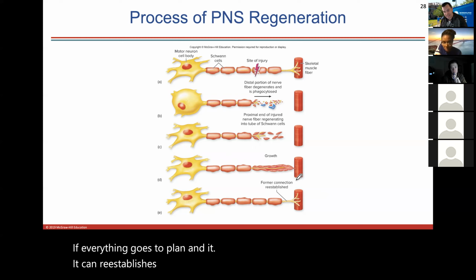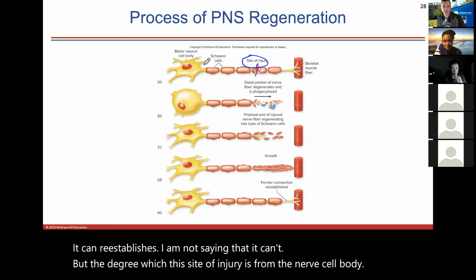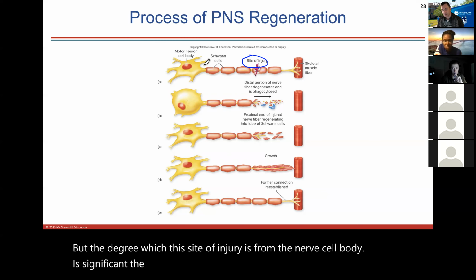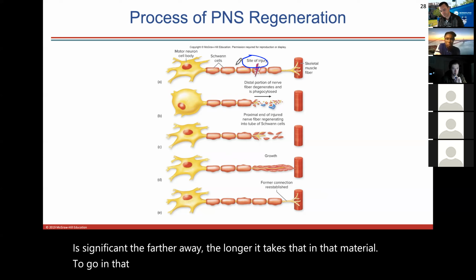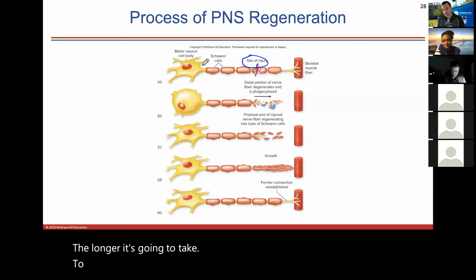I am not saying that it can't, but the degree to which this site of injury is from the nerve cell body is significant. The farther away, the longer it takes that material to go in that anterograde direction, right? The longer it's going to take to send all the waste debris that it's cleaning up inside of itself.